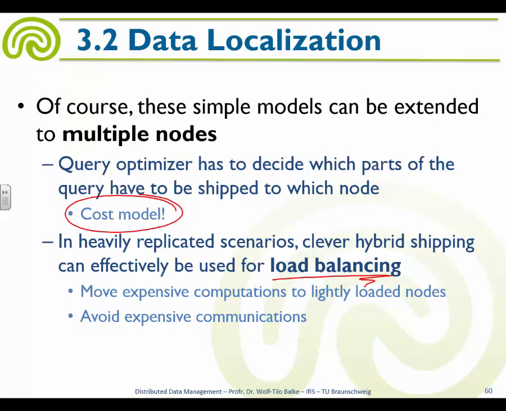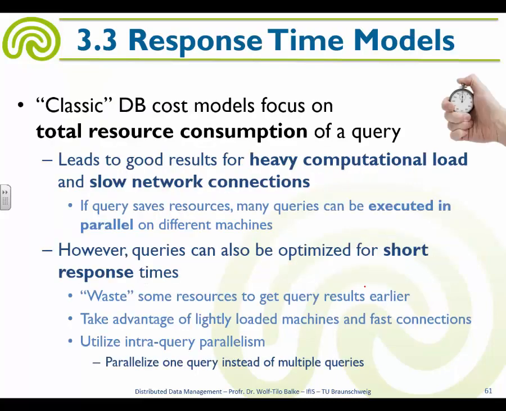So you don't overload the server with query tasks, right? But you don't ship too much data either. So a certain kind of load balancing, avoiding too much data shipping, but minimizing the communication costs can be used.